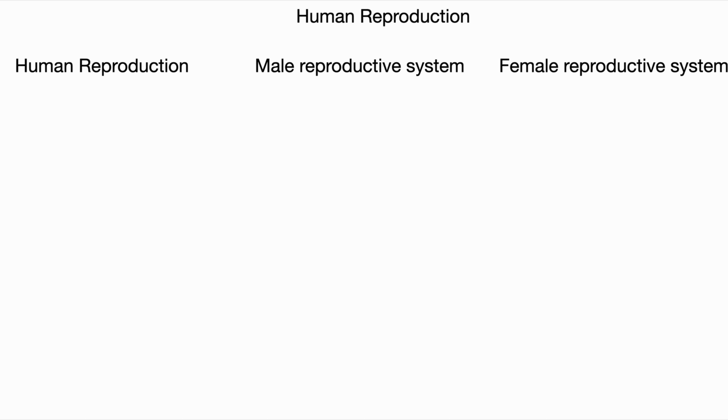These parts of the system, along with the pair of mammary glands, that is, females have a pair of mammary glands. Those parts like ovaries, oviducts, uterus, cervix, vagina, external genitalia, along with the mammary glands, form a complete reproductive system.